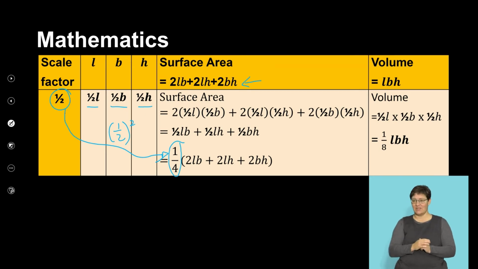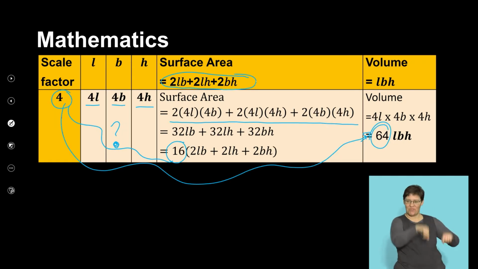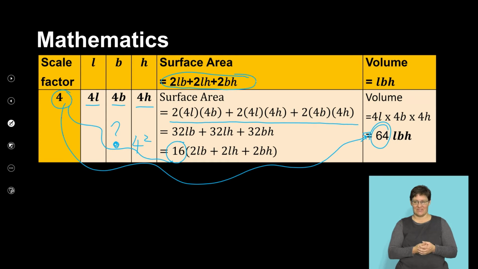And if I look at my previous slide, I'm sure that everyone will agree that my surface area was affected by the scale factor being squared. So I'm hoping that everyone's starting to see a bit of a pattern, that the scale factor squared can be multiplied by the surface area to get the new surface area.